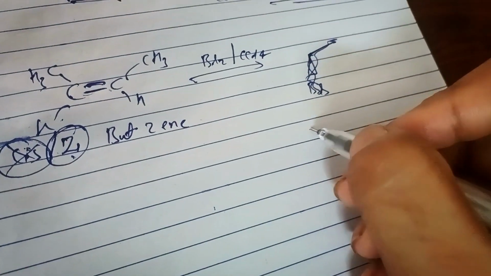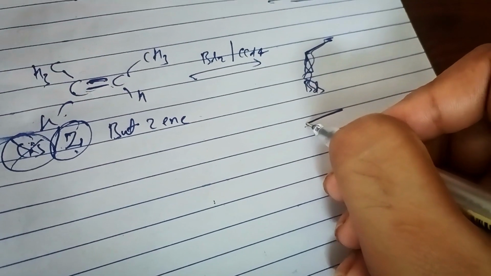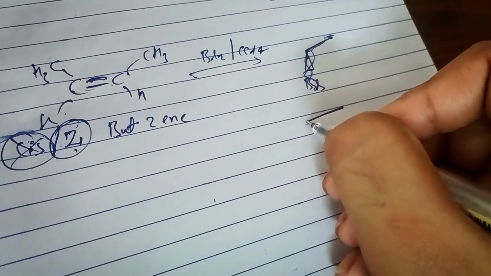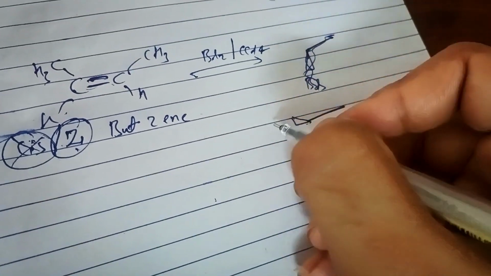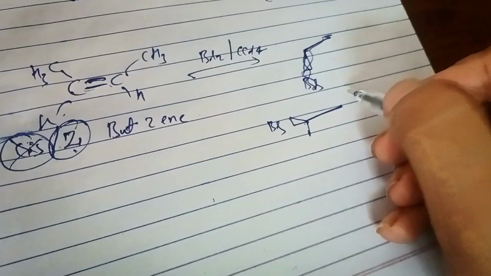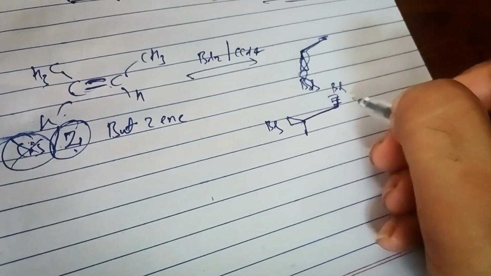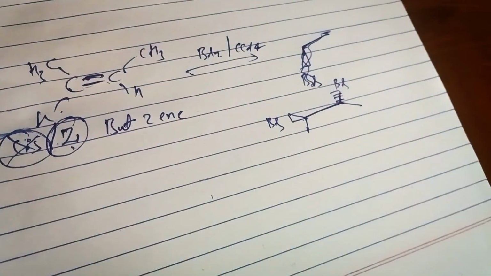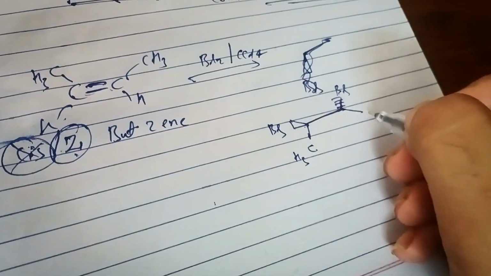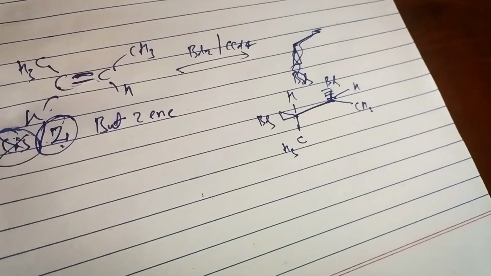Once again we will consider this as the first carbon, and we will make here bromine, Br, and consider this as the second carbon, Br, and CH3, CH3, H, H.